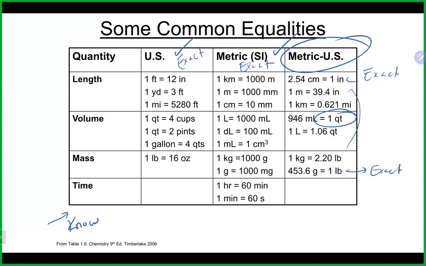The other place where you may come across a conversion factor that you should take into account for significant figures is in an actual problem. So in an actual problem, if they say something like, hey, you're driving at 25.4 miles per hour, that is not a normal conversion. That is specific for that particular problem.